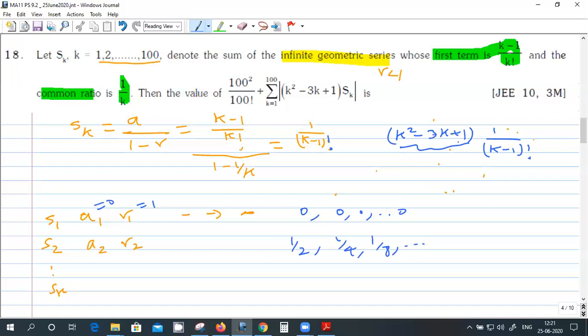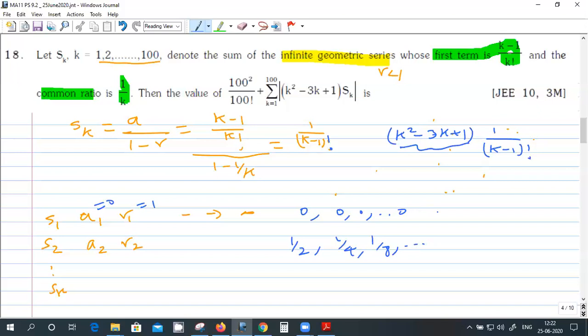So is it cancelling? The roots of this one is what? It's not easy. Half, half. No, not half, sorry. So discriminant is 5.